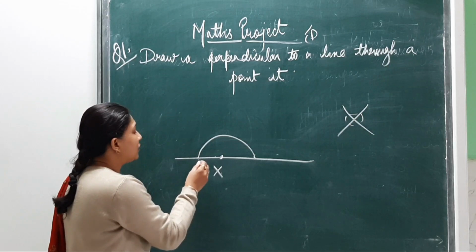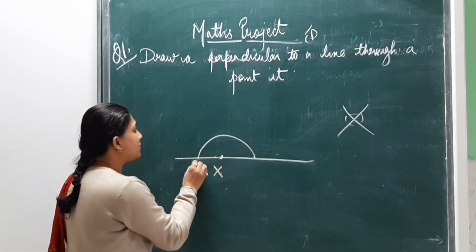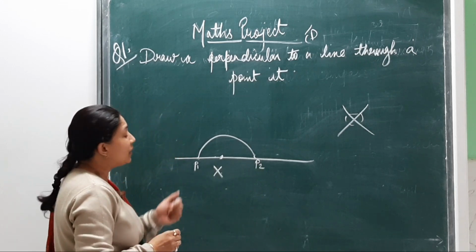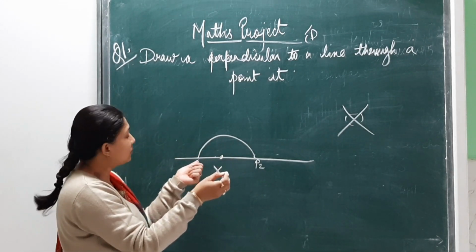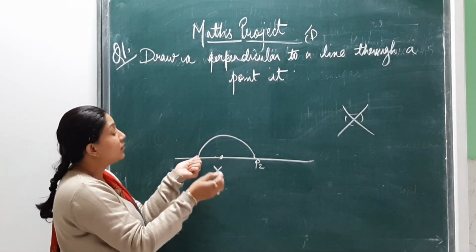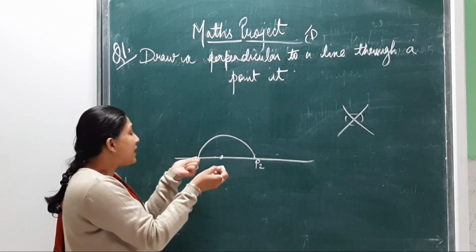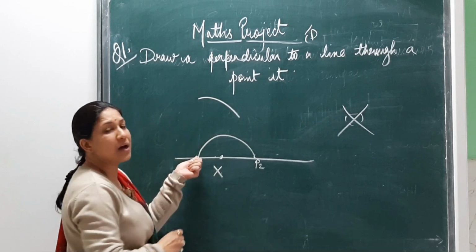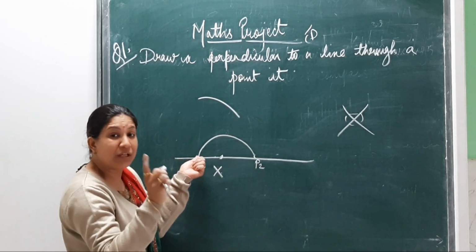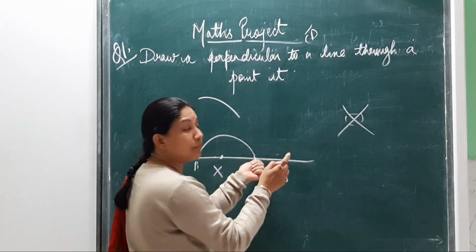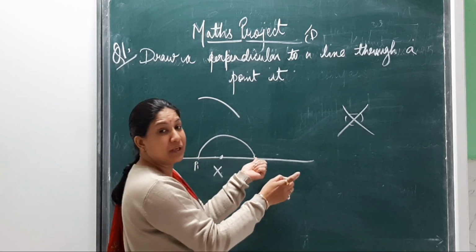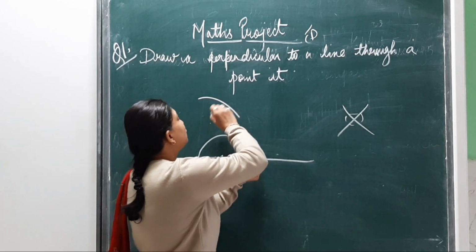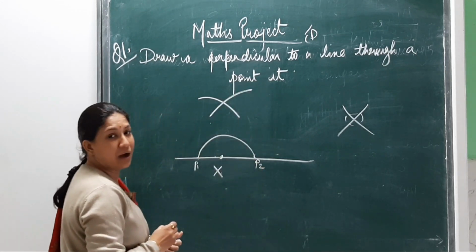Now take these points as P1 and P2. Taking P1 as center, draw an arc. Without changing the measurement, take P2 as center and cut an arc.